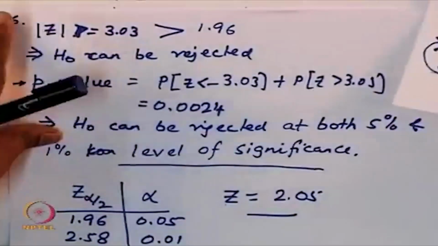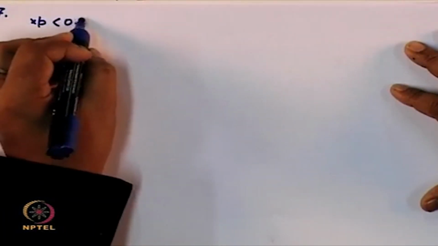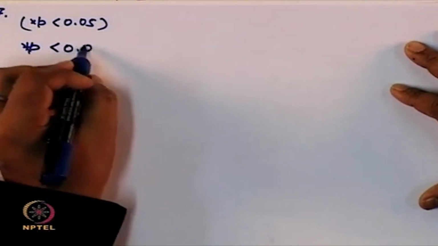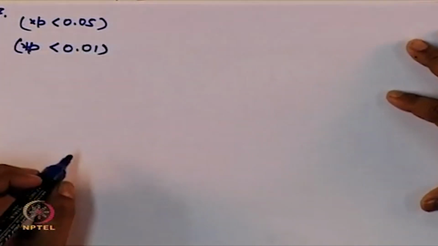This is the reason why we always report the p value of the test. If you look at research papers, you might see words like star p less than 0.05, or star p less than 0.01. Now, what is accepted?